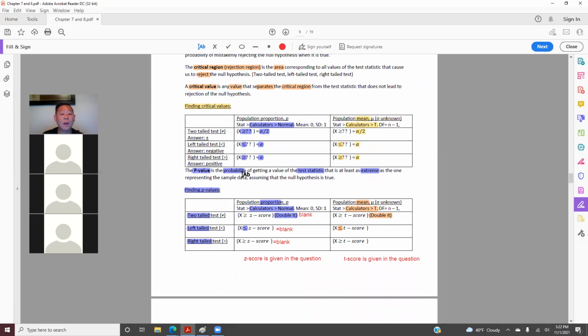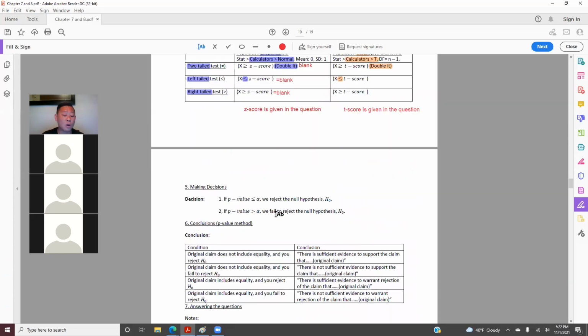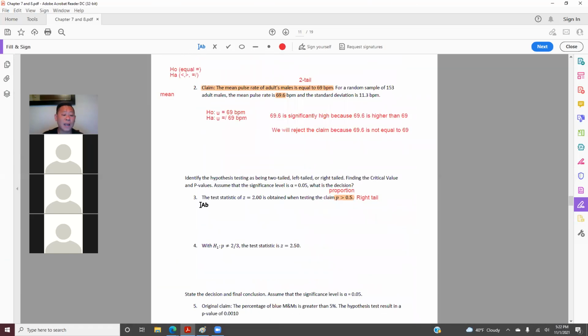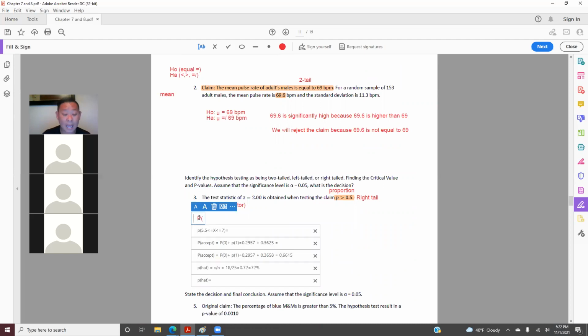This is the right tail test that we have, and it's a proportion. Blank will be your answer here.